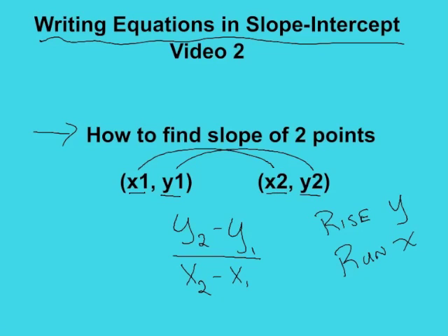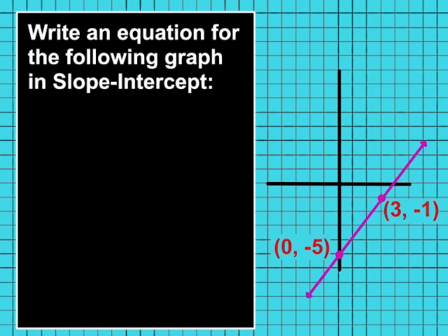So being able to use that, we're going to look at this graph. They gave us points this time. Our points are (0, -5) and (3, -1). I'm going to write those up here also.